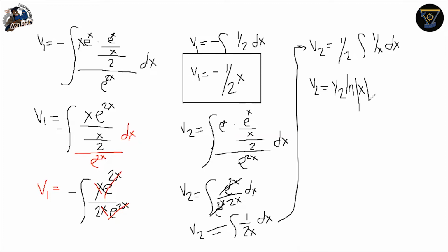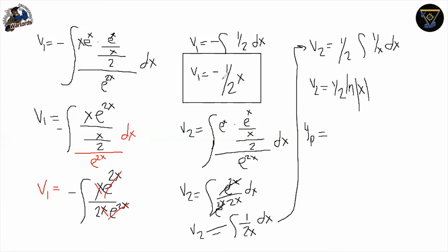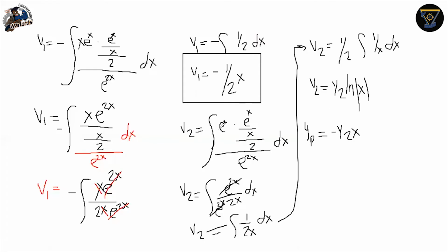So we basically finish. So we can say now our yp is equals to v1. What we got for v1? V1 was negative a half x. And then we say y1. What did we say for y1?